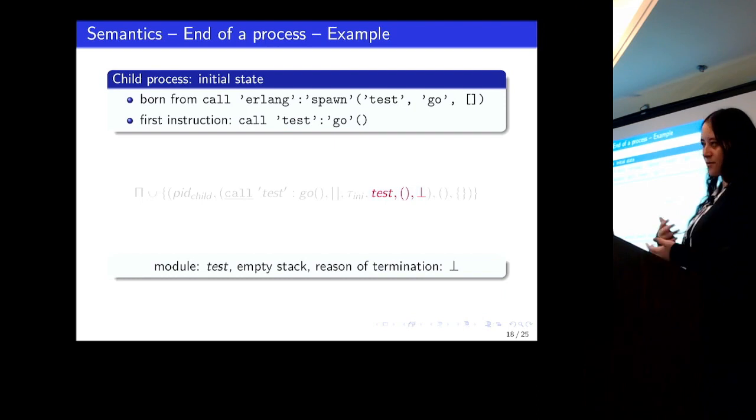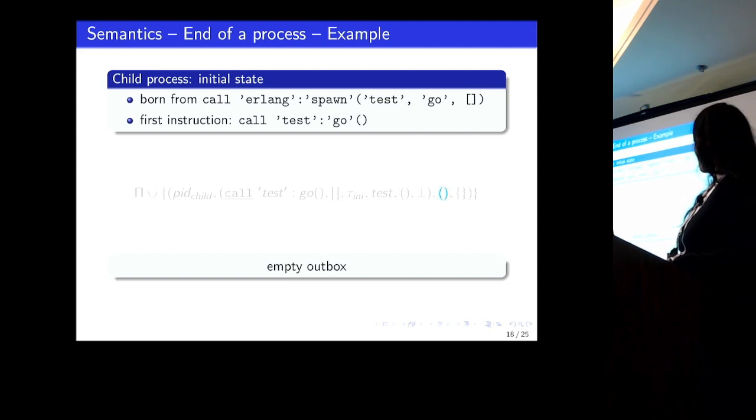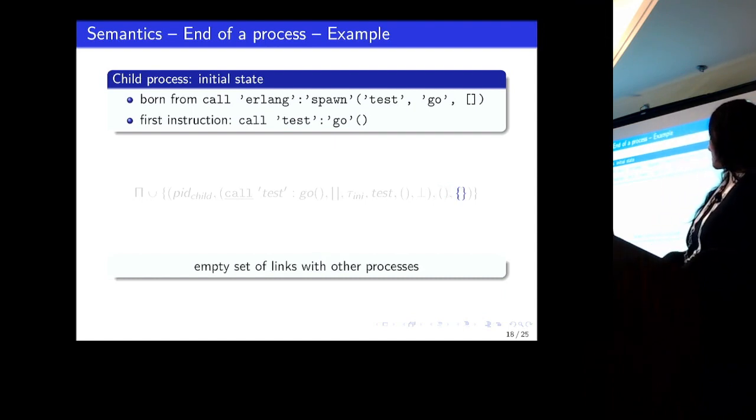The stack is presently empty, and the reason of termination is its default value, which is bottom. Right now, the child hasn't sent anything, so the outbox is empty. And it doesn't have any links yet, so the set of links is empty too.